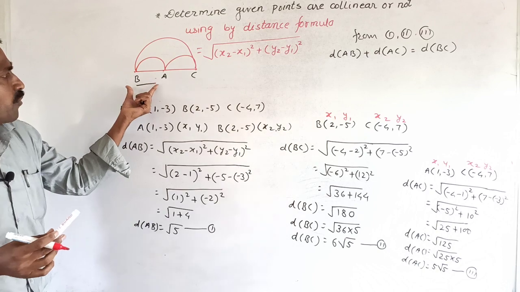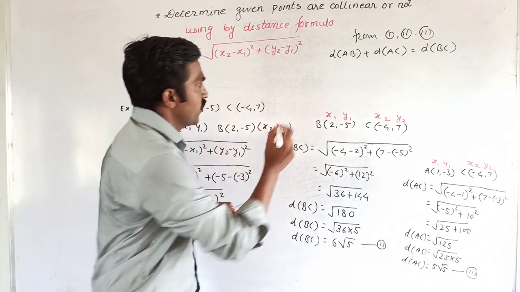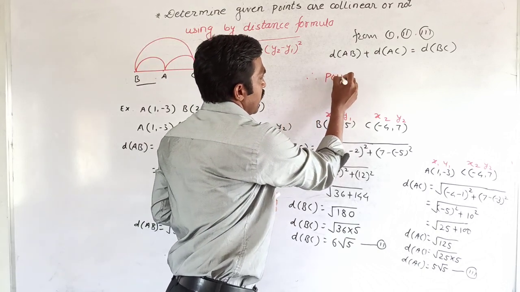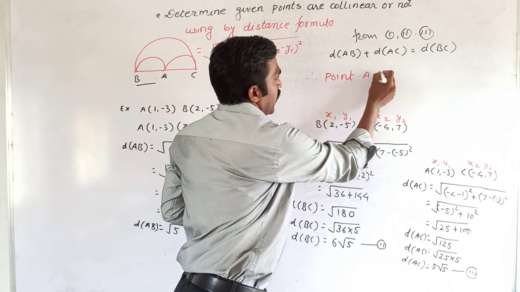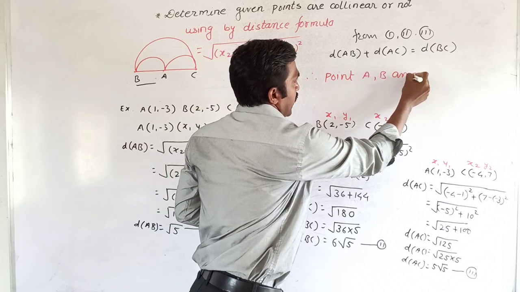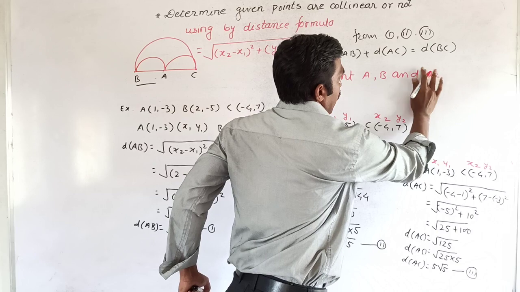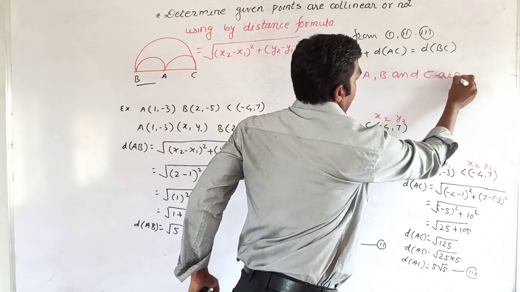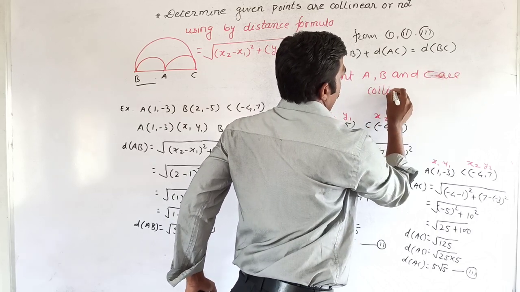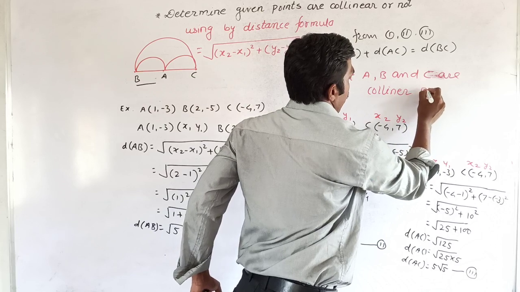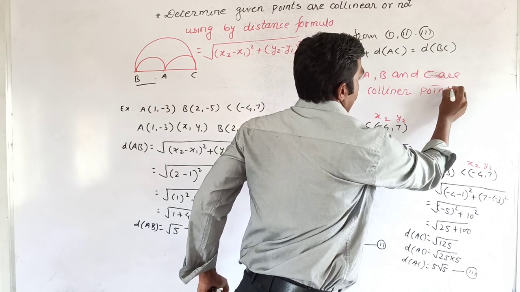So that's why the points are collinear. So therefore, points A, B and C are collinear points. Okay.